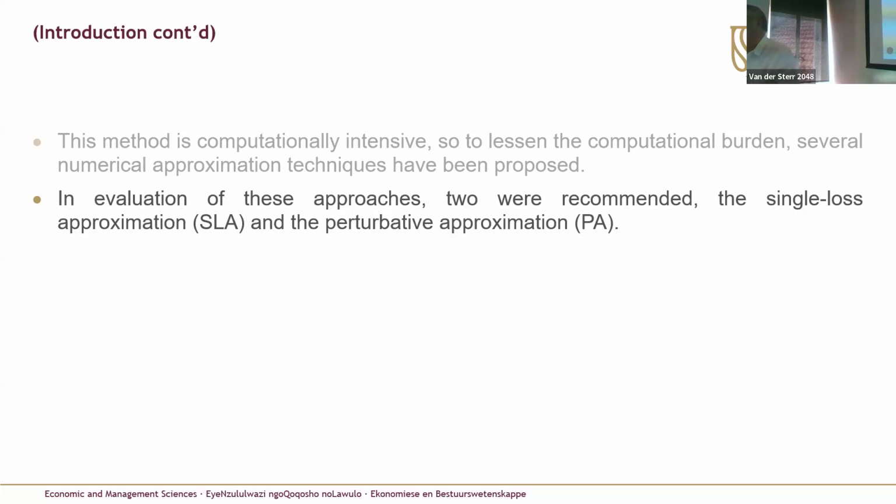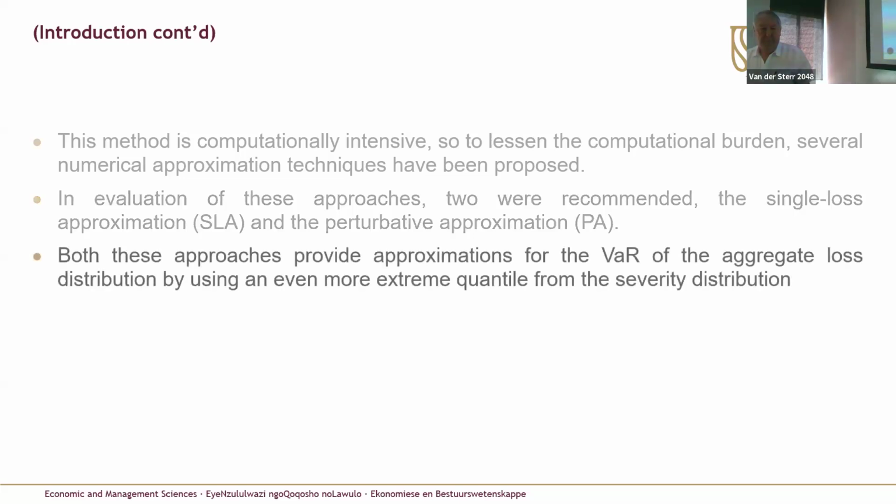Single loss in the sense that instead of having a random number of losses, in other words, a distribution of a random number of losses, you have a single loss for which you find the quantile. And essentially the same for the perturbative method. But what they do is they move from the aggregate loss distribution of the random sum, to the severity distribution.